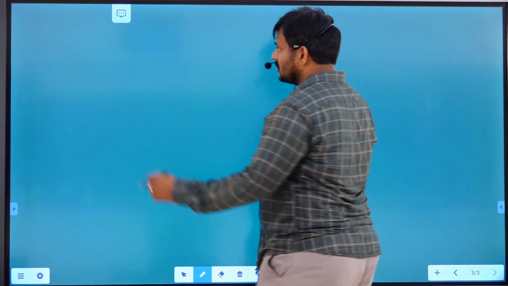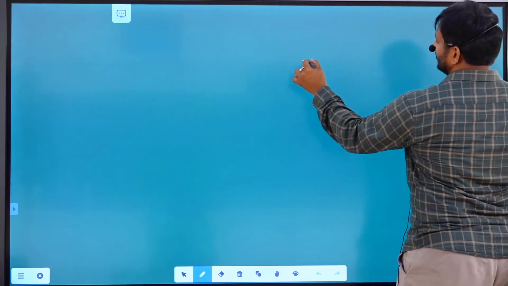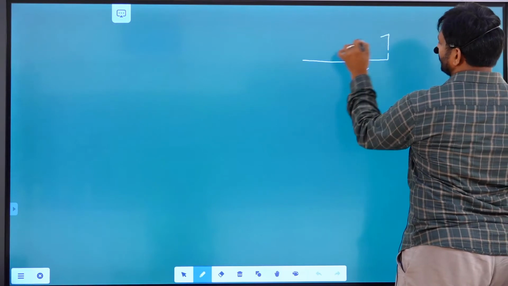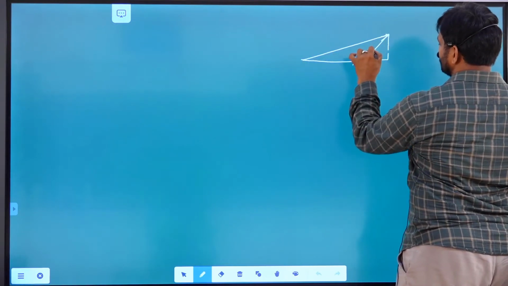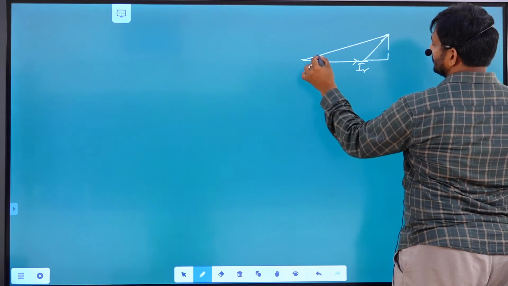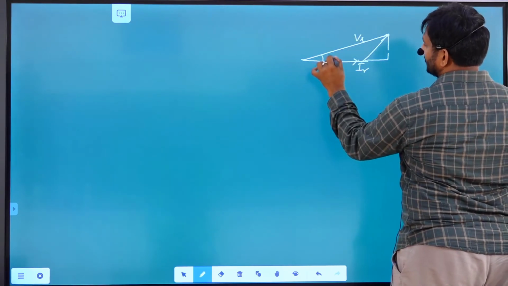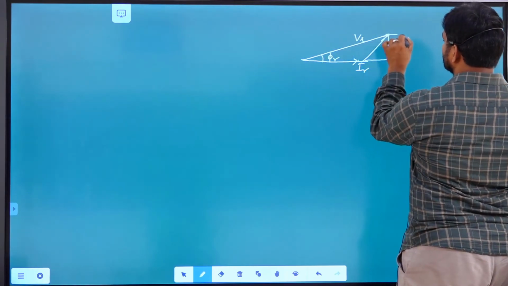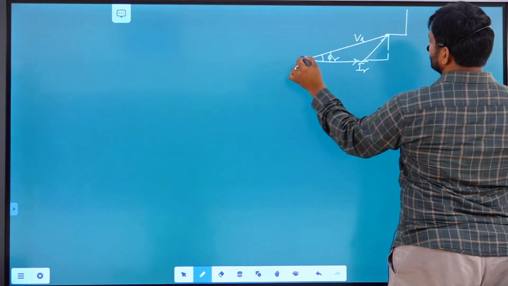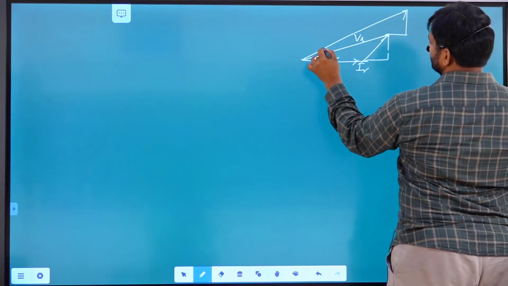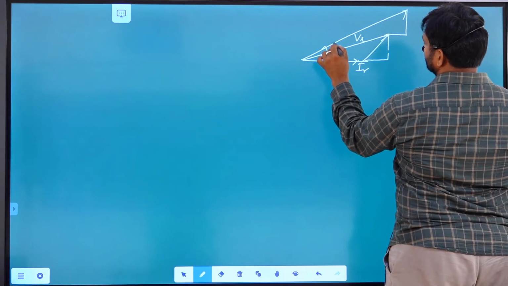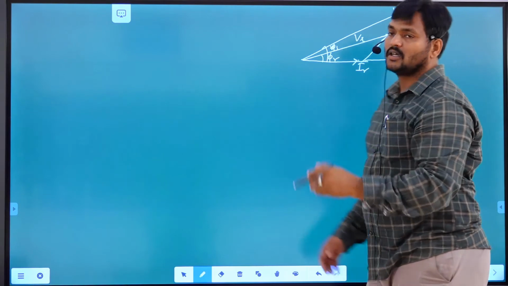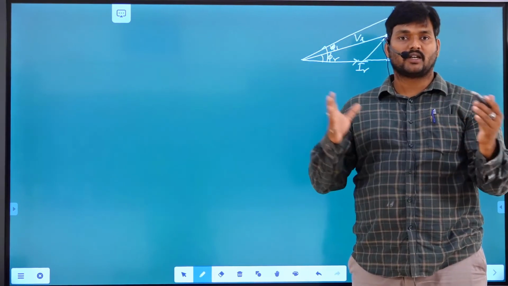Also, from the phasor diagram we have taken IR as reference, and then IR into R, IR into X. If we join these two, this is nothing but VR at an angle phi R. Then you add VR to here and you get VS at an angle phi S. We took the horizontal and vertical components, squared them and added them together.